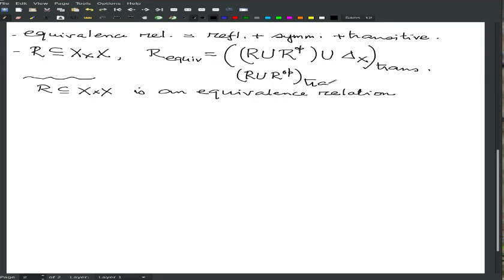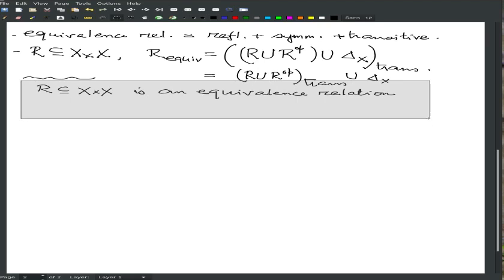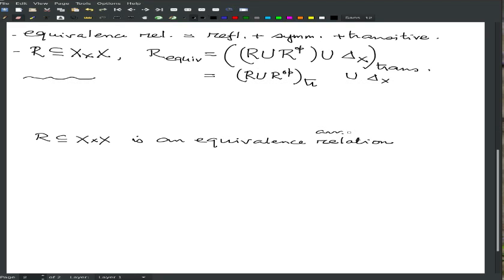If you take a transitive relation and take its reflexive, symmetric closure, see, what is this saying? This part is symmetric and transitive, right?